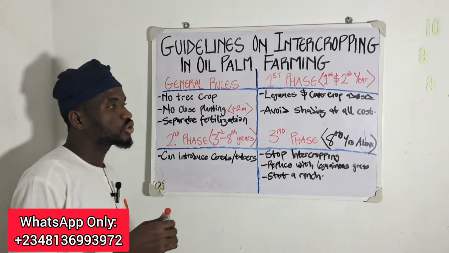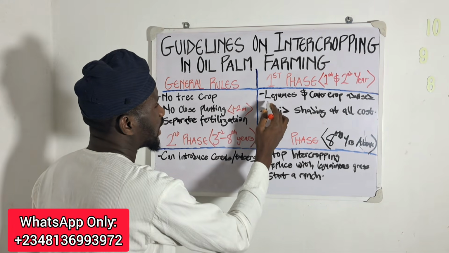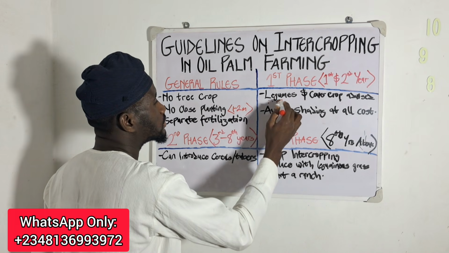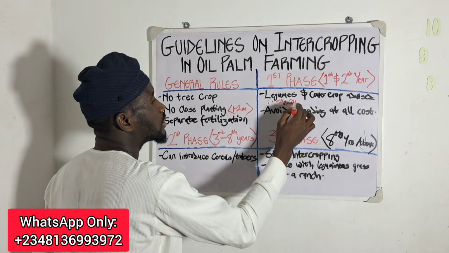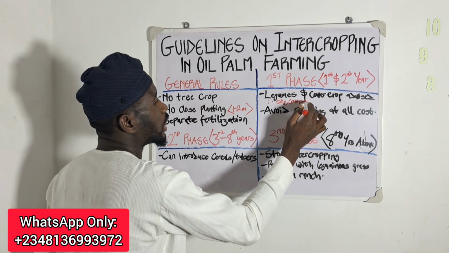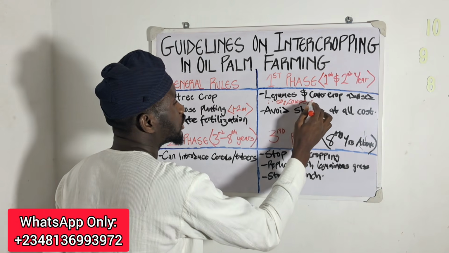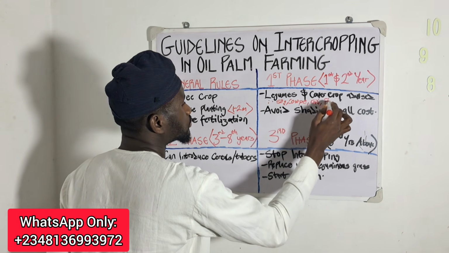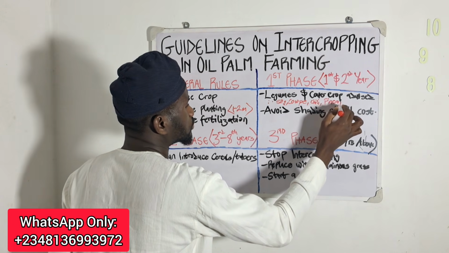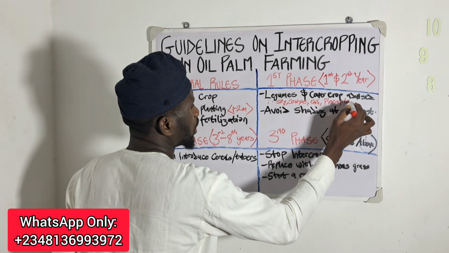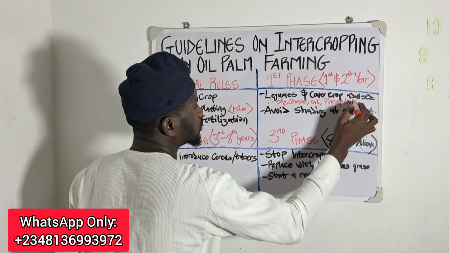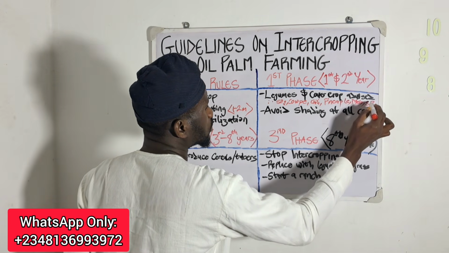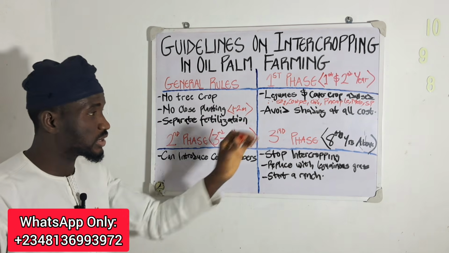So in this kind of situation, crops that are usually suggested are soya bean, cowpea, chili, pineapple, melon, and sweet potato, and so many others like that.